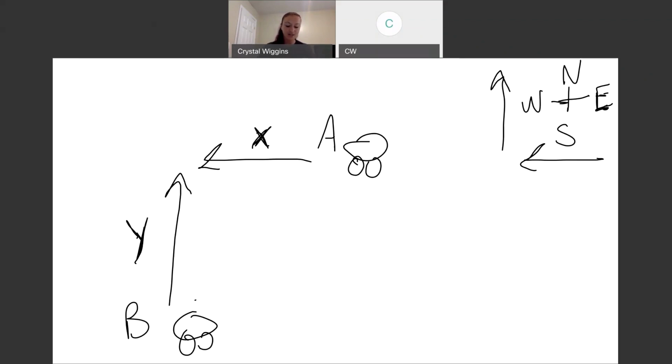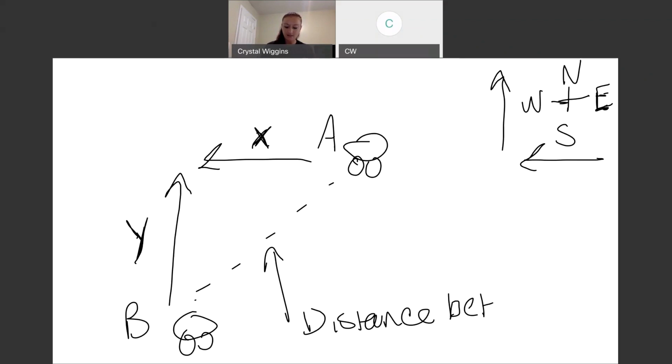And in order to create a shape, remember, we need an equation. The distance between the two cars, so this dotted line represents the distance between A and B. So that is the distance between the two cars. We'll label that distance z. We also know how fast these cars are moving.